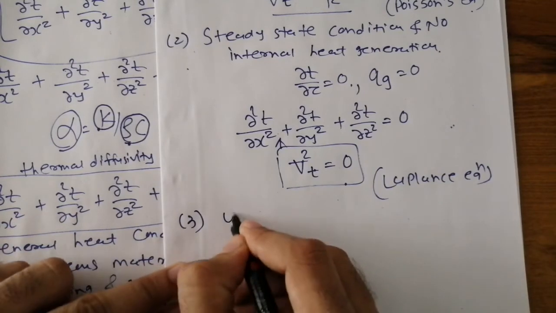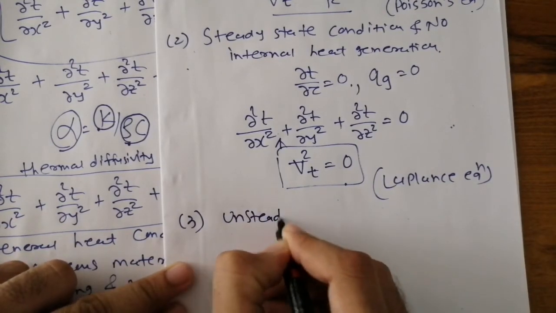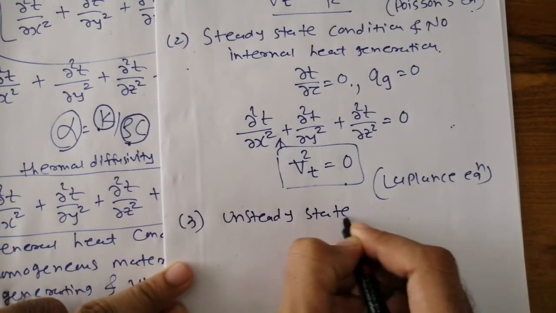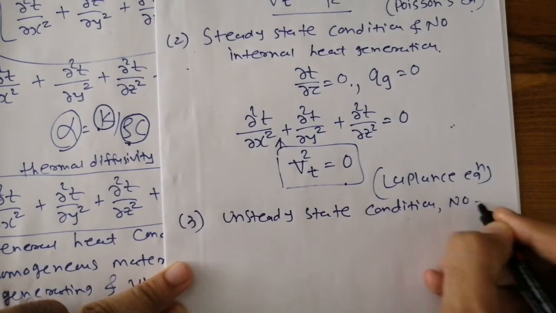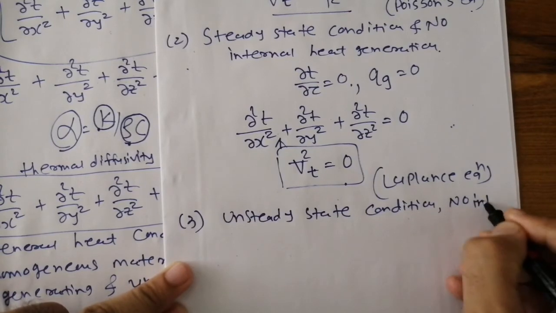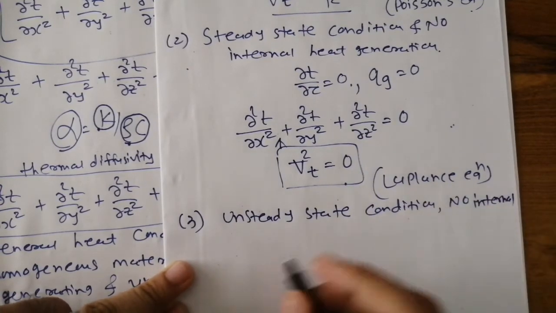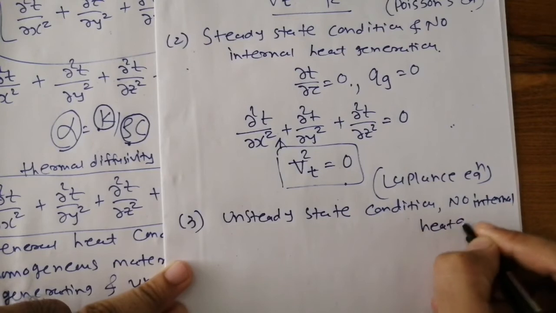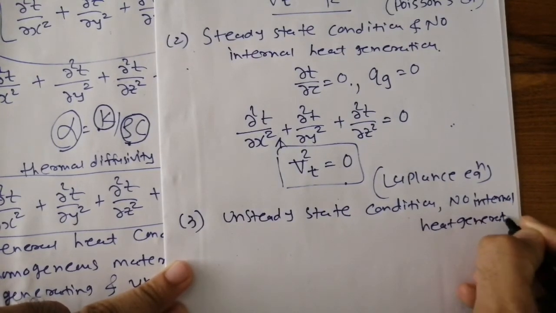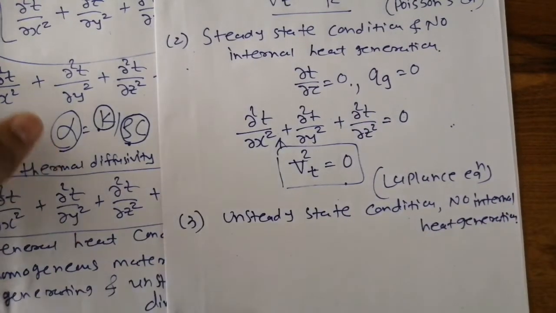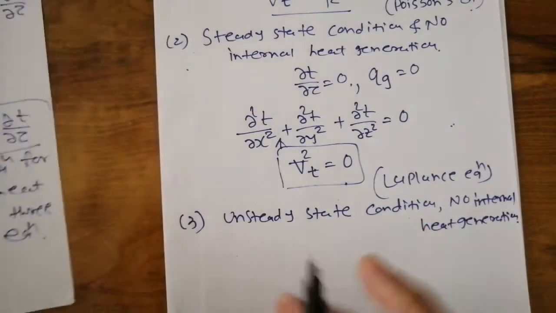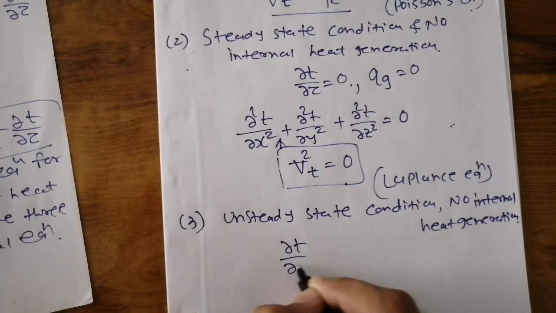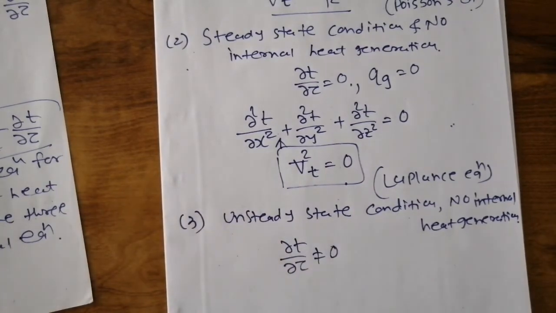The third condition is unsteady state condition and no internal heat generation. Unsteady state means del T by del tau is not equal to 0.